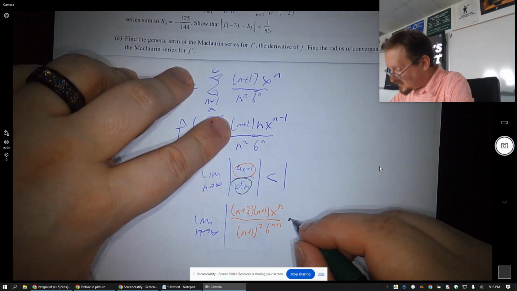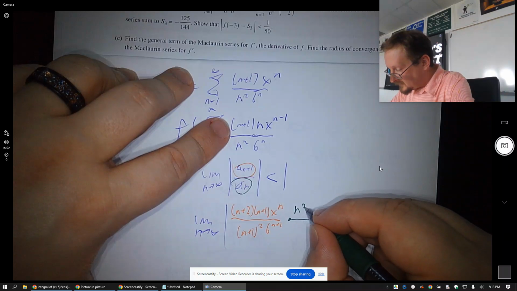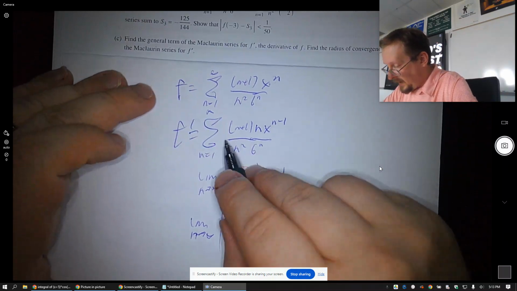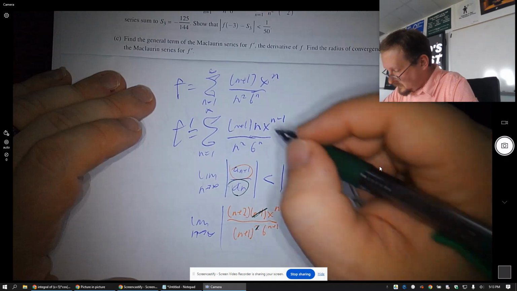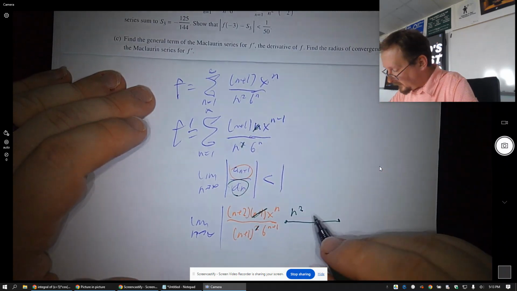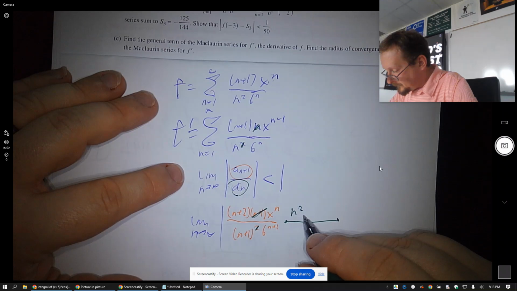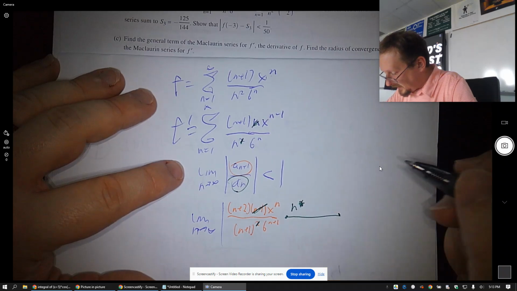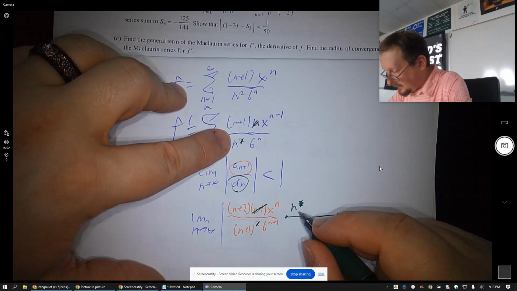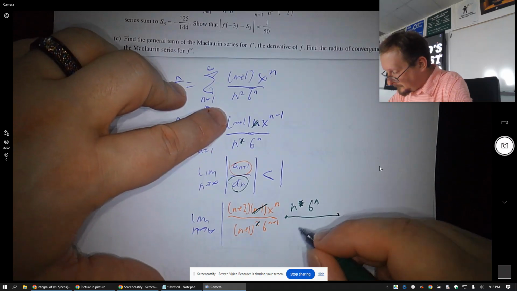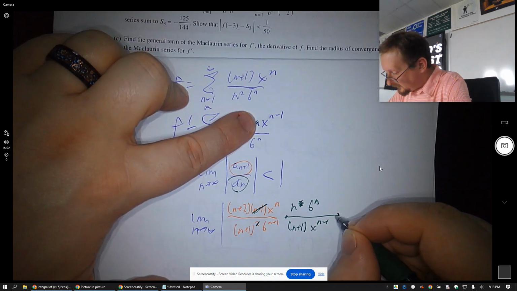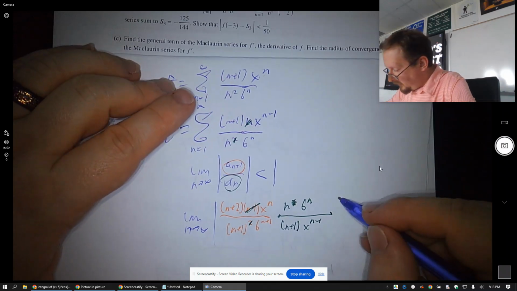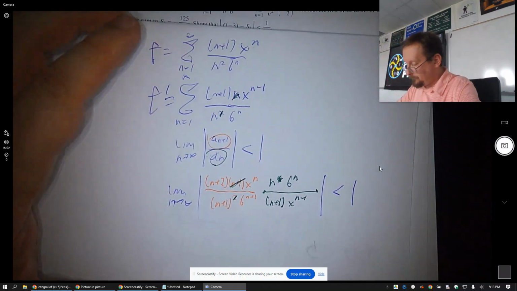Now it's going to be this, but the reciprocal of it. n squared. Oh, hey, that partially cancels. All right, so this is going to partially cancel. Okay, n, 6 to the n over n plus 1, x to the n minus 1. And that has to be less than 1.